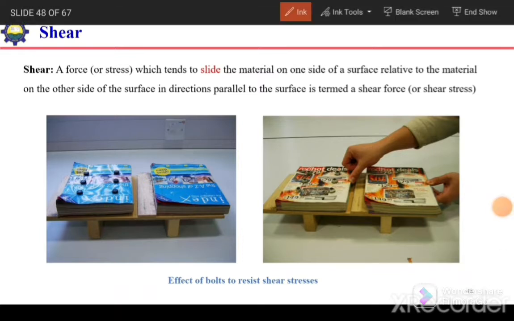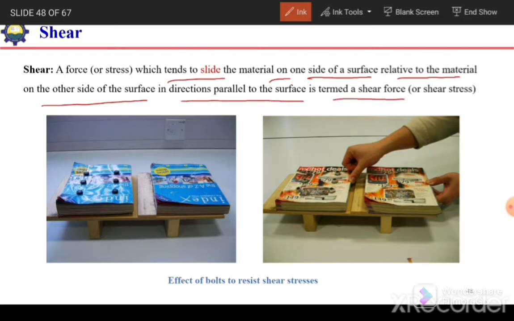The next concept is shear. A force which tends to slide the material on one side of a surface relative to the material on the other side, in the direction parallel to the surface, is termed shear force. If we have two surfaces like this, one above the other, and we apply a force over here and a resistive force over here, this force will try to slide the upper surface over the lower surface.